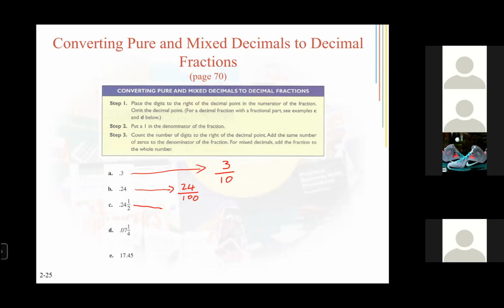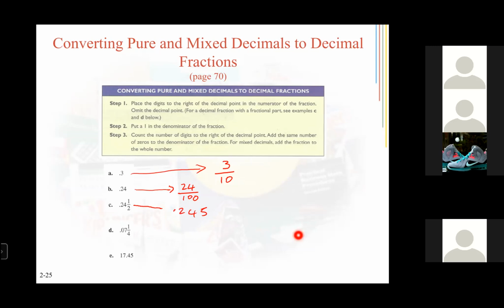How are we going to handle that half? Could you write that half as a decimal? That's 0.5.